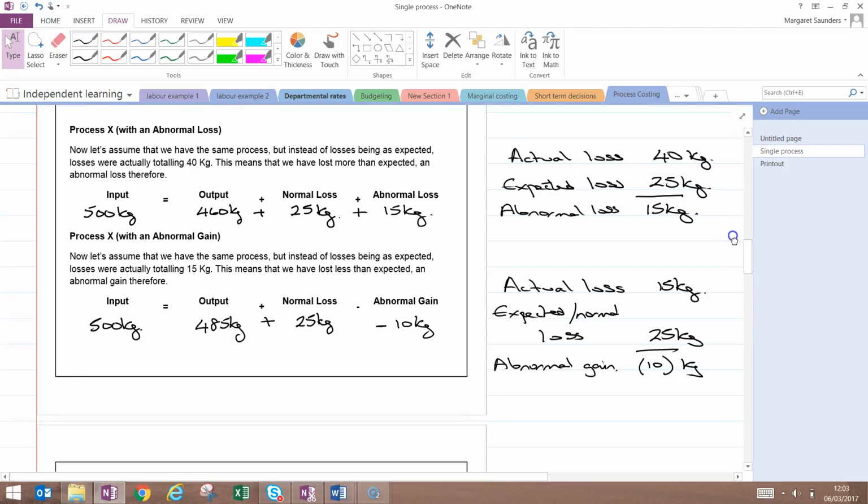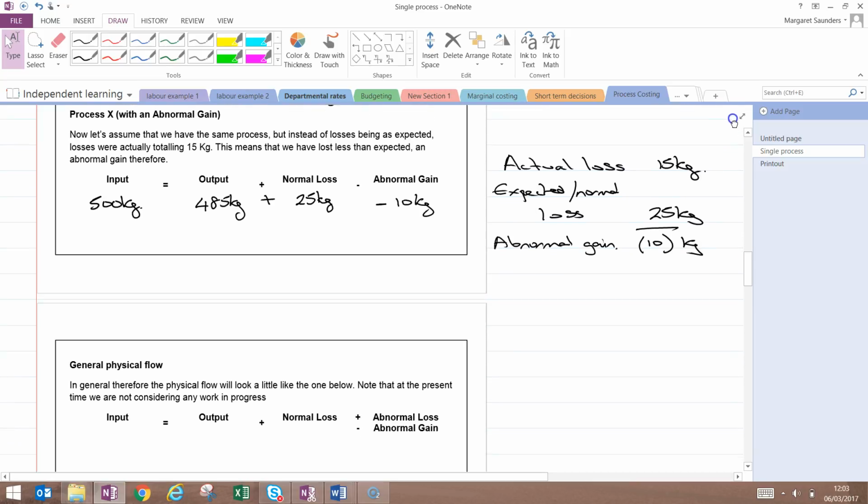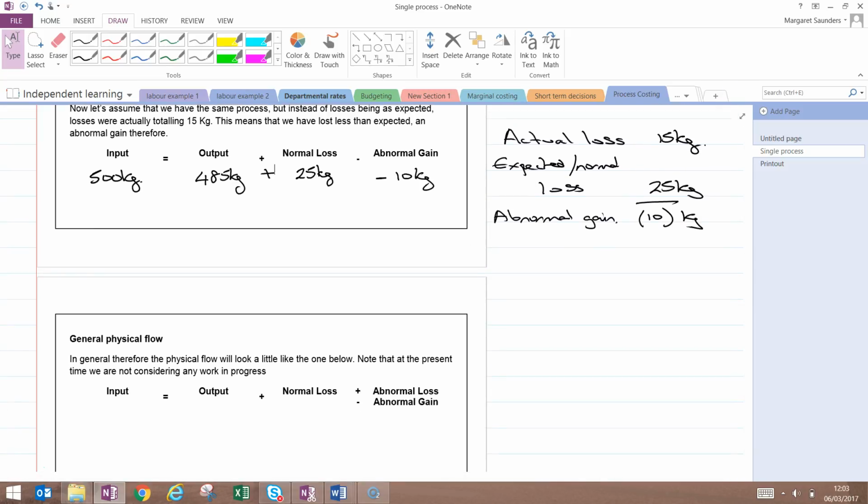So what you're seeing is we are dealing with our physical flow first, and it's very important that when you attempt any process costing calculations, the first thing you do is the physical flow. So write it out.